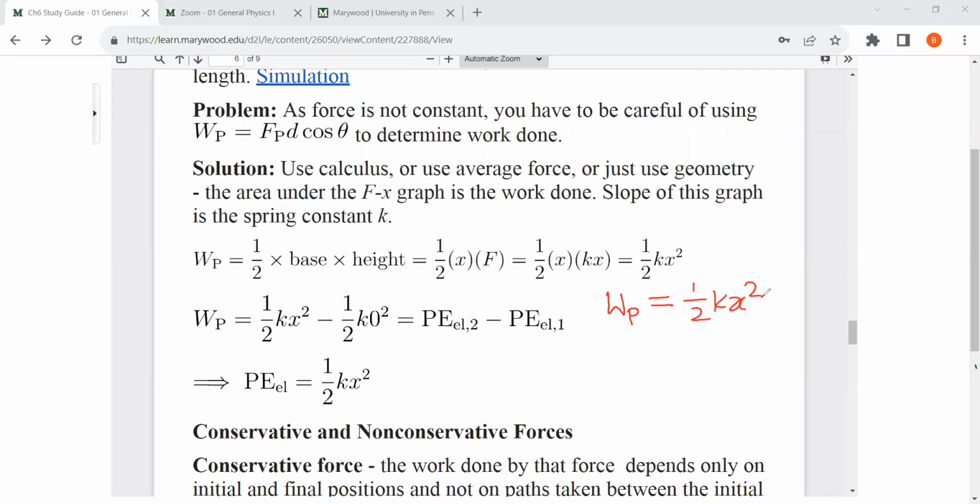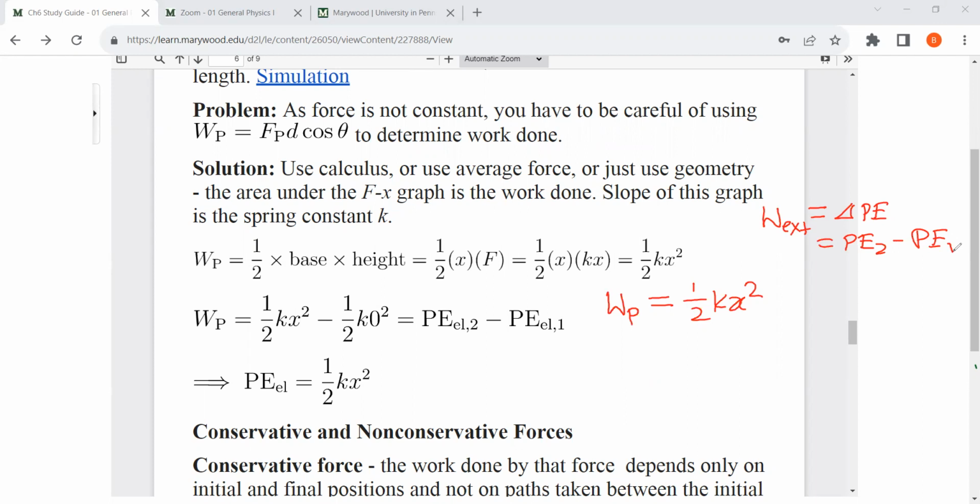Now I want to compare this mathematics with the mathematics we have done in gravitational potential energy. Remember that in gravitational potential energy, the work done by the external force was equal to the change in potential energy, or potential energy 2 minus potential energy 1.